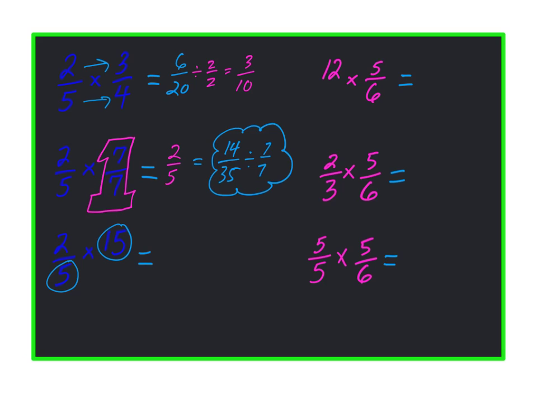I could do this two ways, so I'm going to show both. I can do 15 divided by 5 times 2, which would be 3 times 2 gives me 6, or I could multiply straight across as I did up above and get 30 over 5, and I know that 30 divided by 5 is 6. Either way, we get our answer of 6.